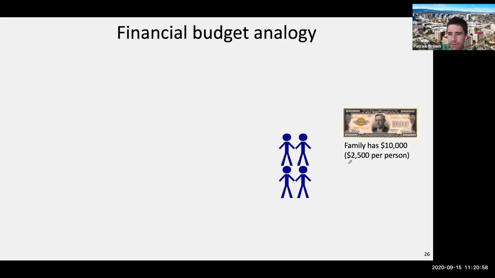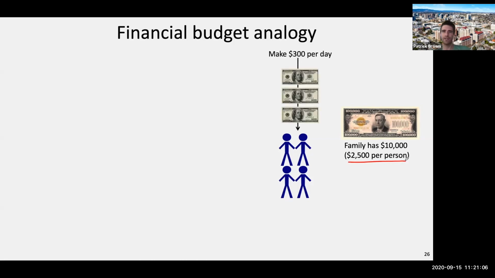So then they have $2,500 per person. They have an average per person. And they have some income. They make $300 per day. Anytime we have an arrow in this class, we're usually going to have a time in the denominator, $300 per day.